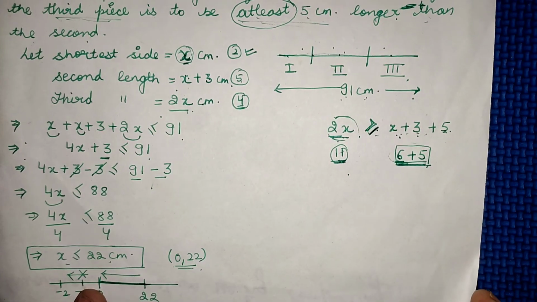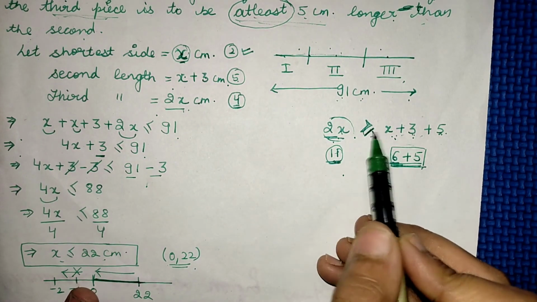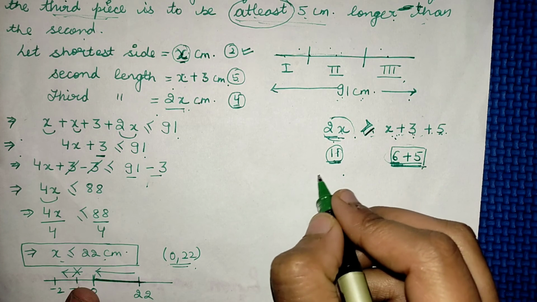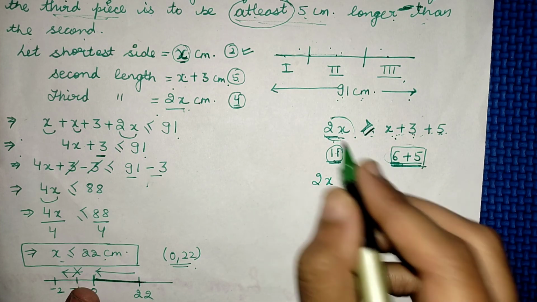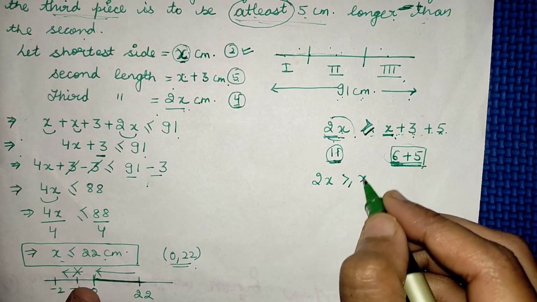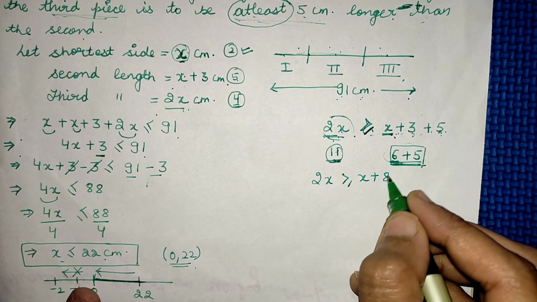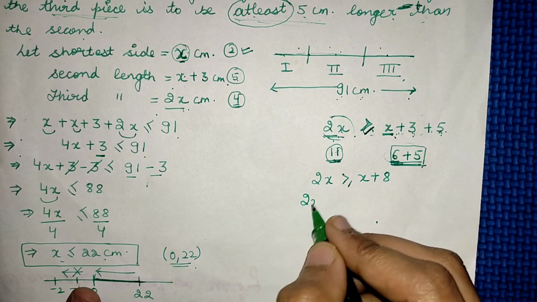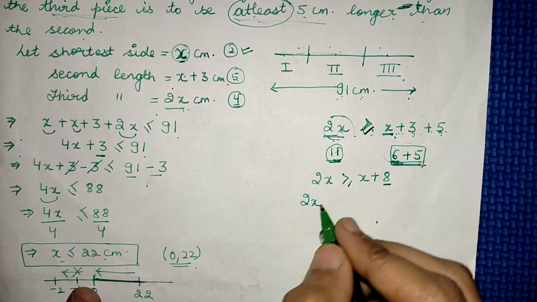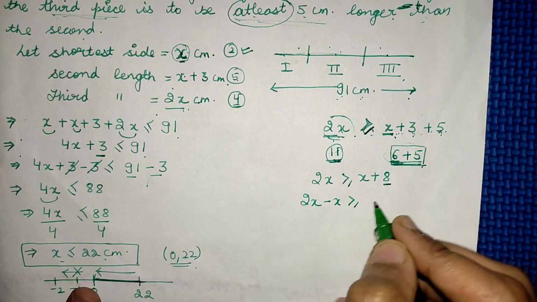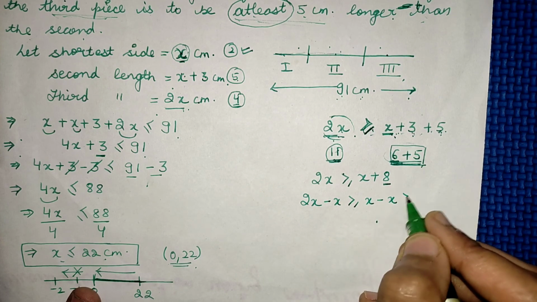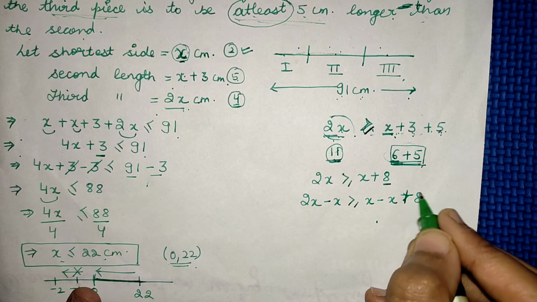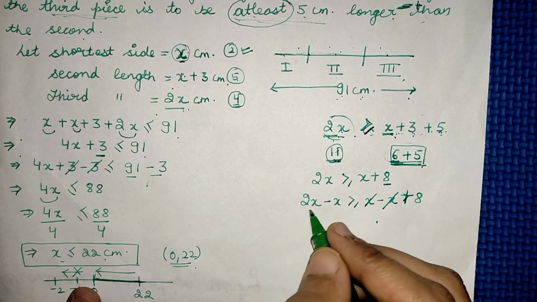Now moving to this part, 2x should be greater than or equal to x plus 3 plus 5, which will become 8. Now if I have to remove this x from both the sides, I will simply subtract x from both the sides.